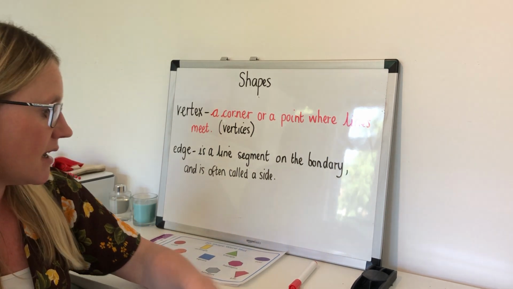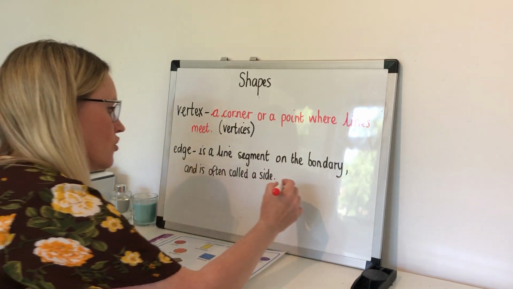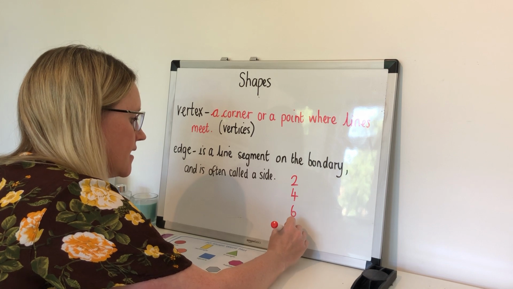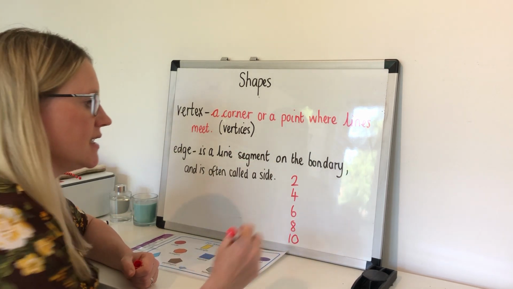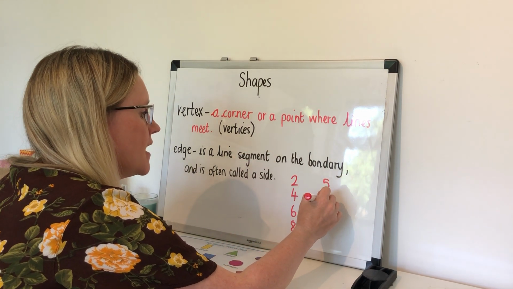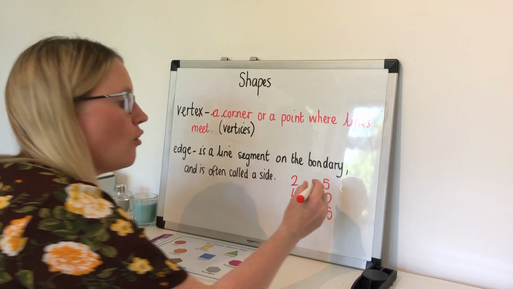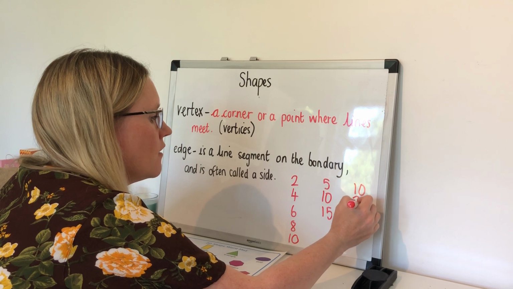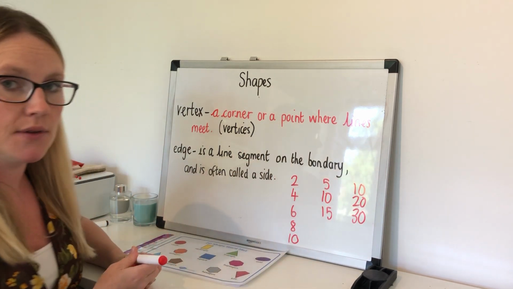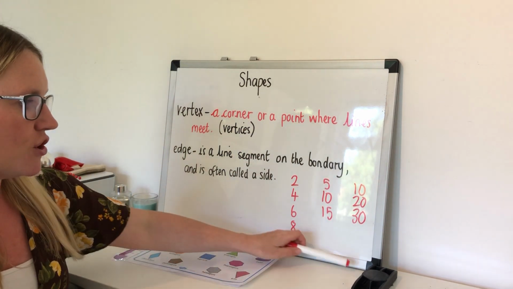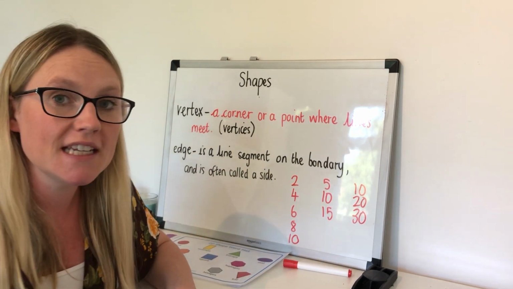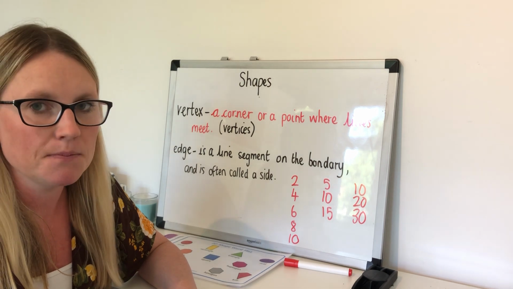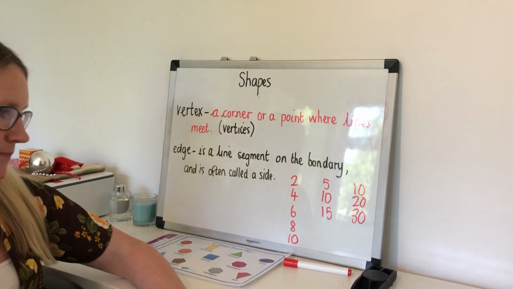So you're just writing the number, so you would write 2, 4, 6, 8, 10, all the way down to 20, 5, 10, 15, all the way to 50, 10, 20, 30, all the way to 100. I want you to give that a go. You'll probably need to press pause, and then once you've written them all, press play again and we'll get started on our shapes.